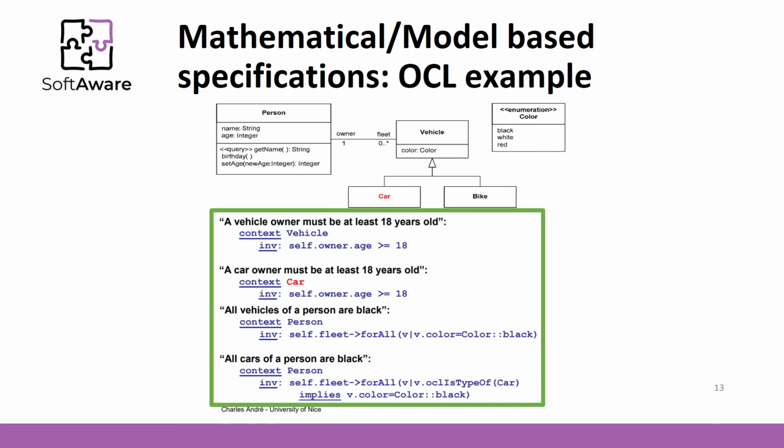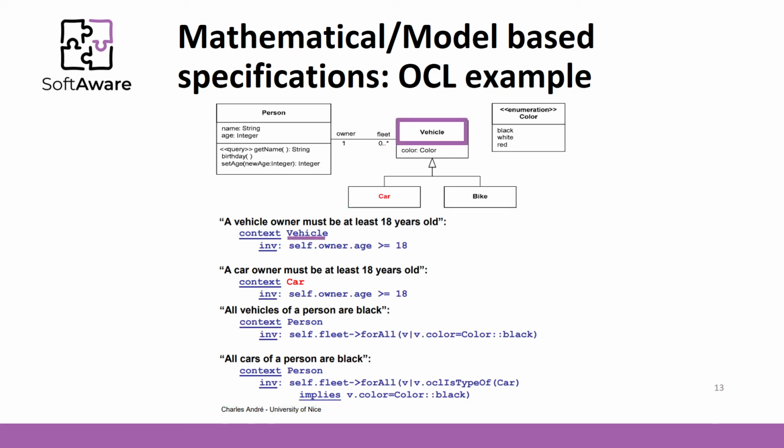For example, if we take an object vehicle, the first sentence, a vehicle owner must be at least 18 years old, could be written in this form. The context is that a vehicle, look at the diagram, and its connections, owner number 1 in the diagram connection line, property age should be equal or higher than number 18.